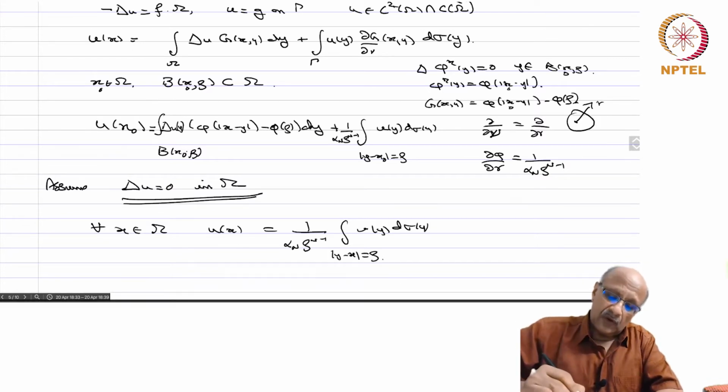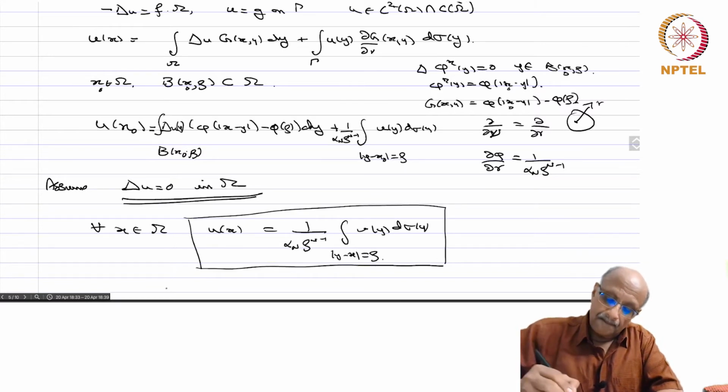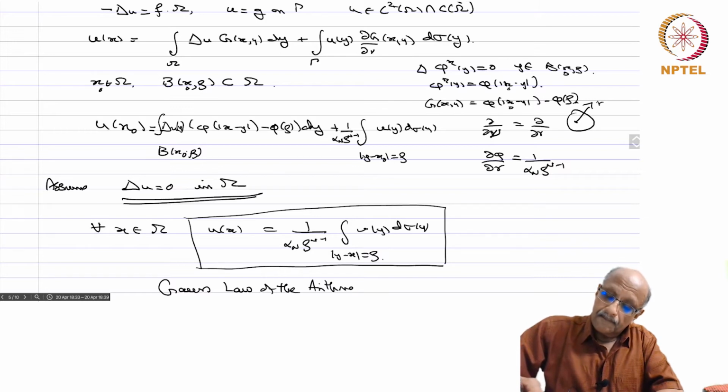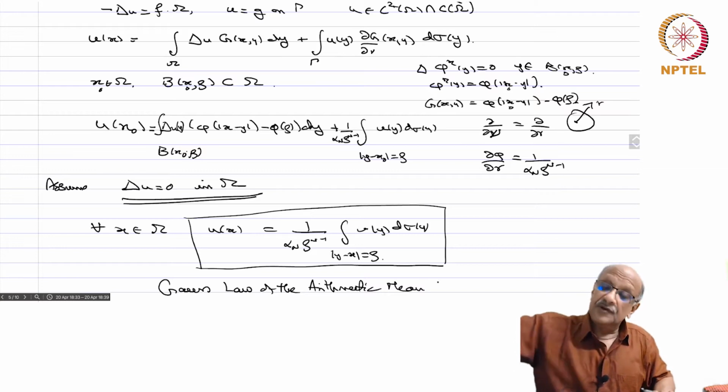This is called the Gauss law of the arithmetic mean for a harmonic function.